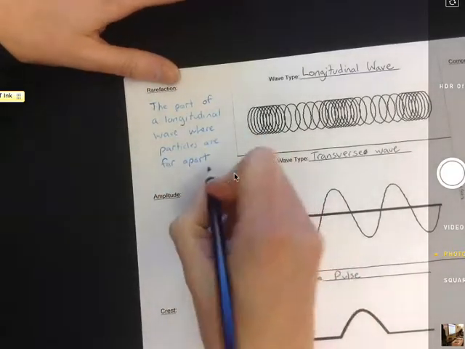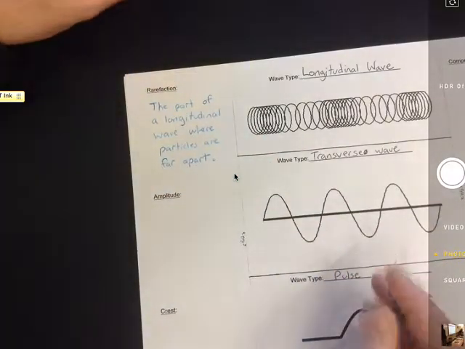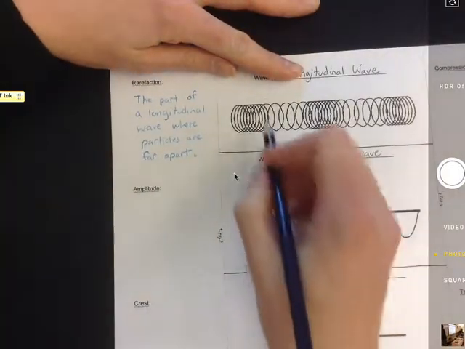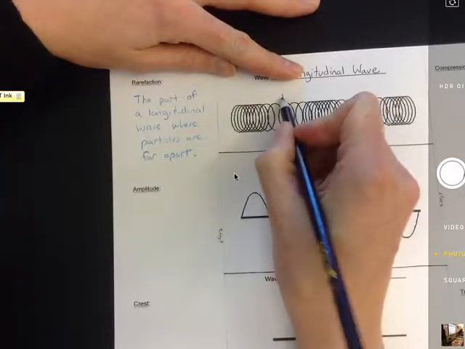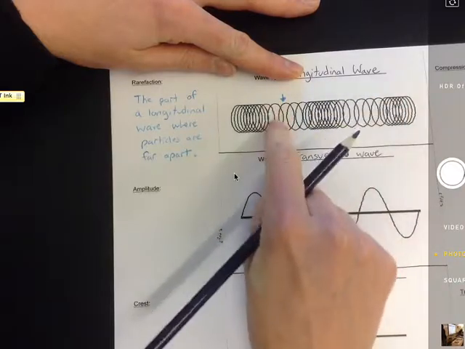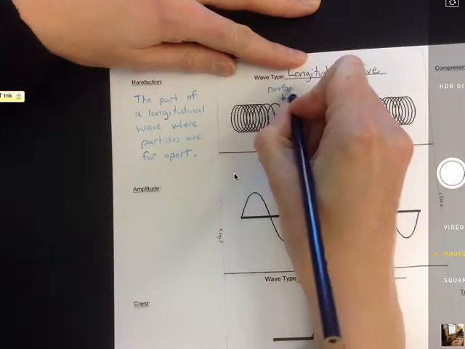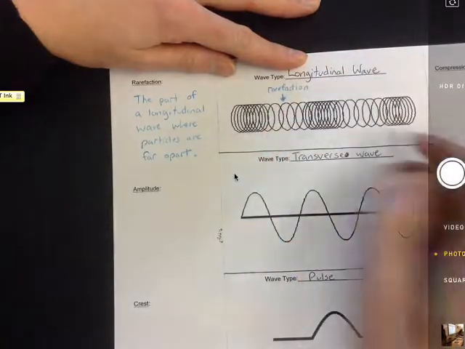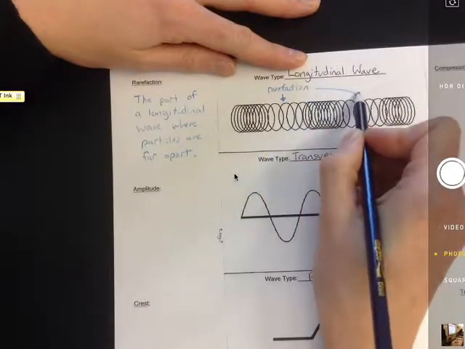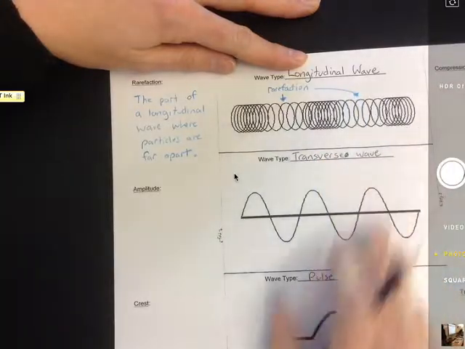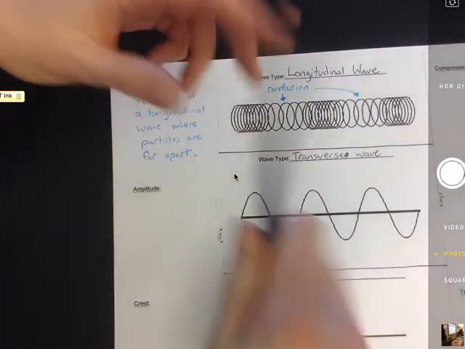So if I label a rarefaction on my longitudinal wave, it would be this part right here, where those particles are farther apart. This is a rarefaction. This over here is also a rarefaction because it is also spread out there.